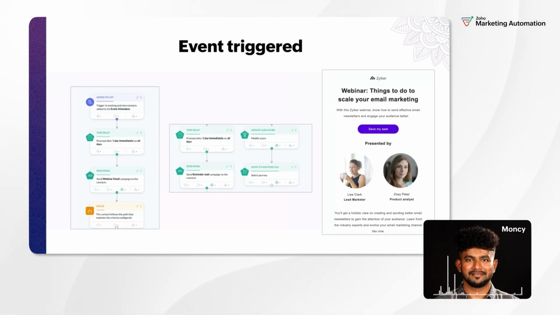You can integrate your GoToWebinar application, your Eventbrite, your Zoho Meeting and Zoho Webinar to Zoho Marketing Automation, and then those webinars will be mapped within Zoho Marketing Automation. So for the registrants, or for the attendees, or for the set of list you want to promote it to, you can promote it as well, right?